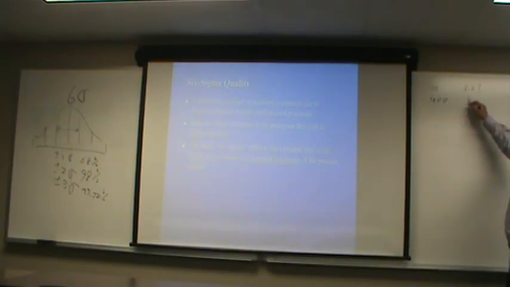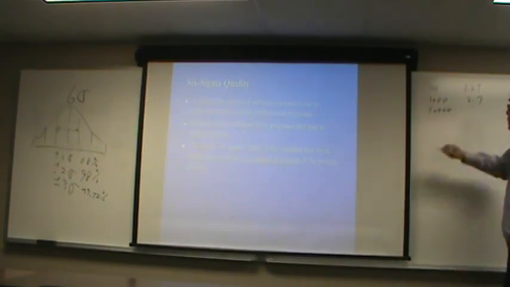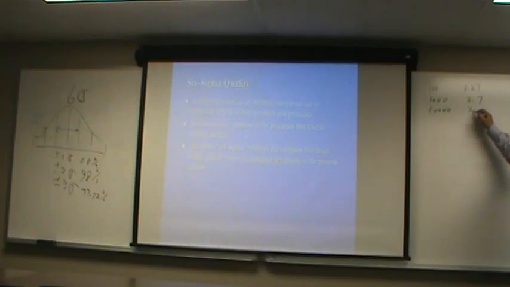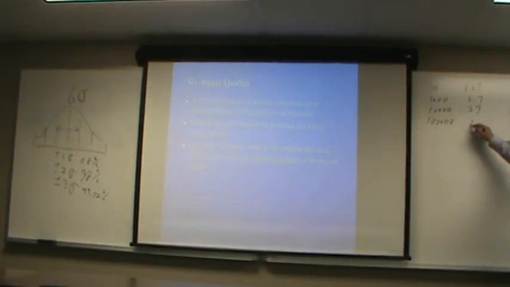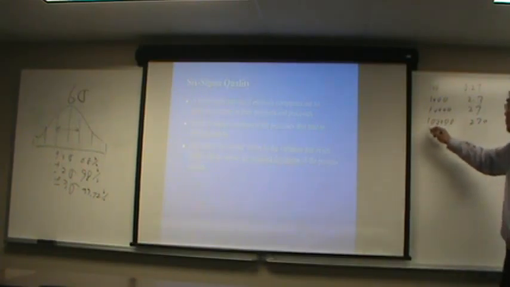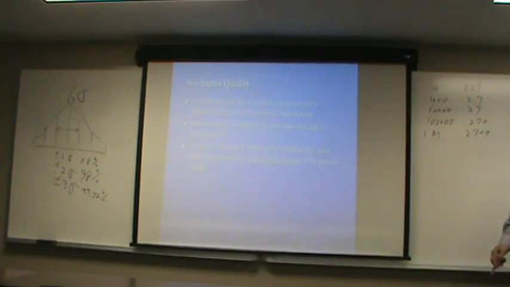Produce 1,000 items and then find defect less than 2.7, then the process is working. 10,000, 27. 100,000, 270. 1,000,000, 2,700 defects allowed. Too many.